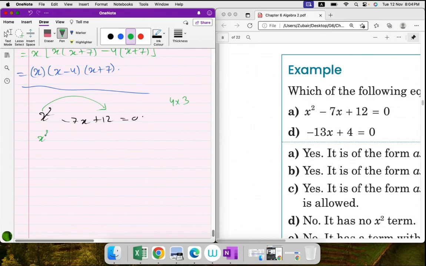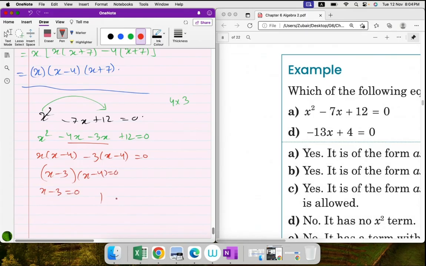I'm adjusting them: x squared minus 4x minus 3x plus 12 equals 0. Adding these two gives minus 7, multiplying these two gives plus 12. This is x minus 4, minus 3, x minus 4 again. So that's (x minus 3) into (x minus 4) equals 0. Now first factor equal to 0, second factor equal to 0. So x equals 3 and x equals 4.